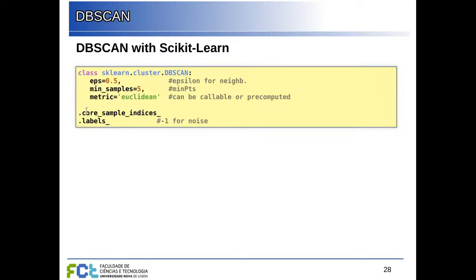And then you have the labels, and the core sample indices are which points in your data when you fit are core points. The labels are the labels for the different clusters, where -1 is used to indicate noise. So -1 is not a cluster, it indicates that those points were not assigned to any cluster.